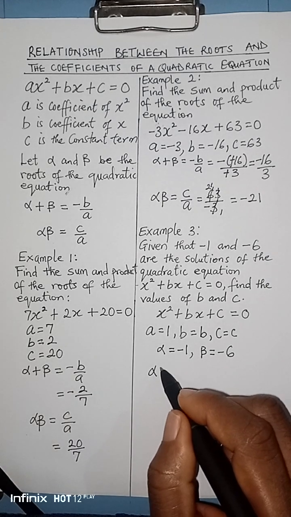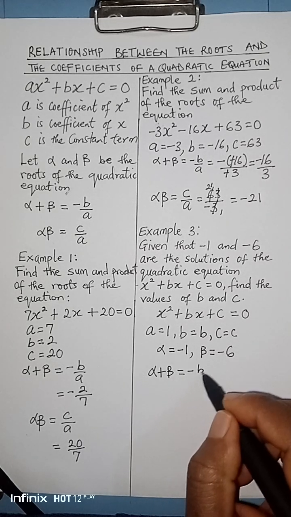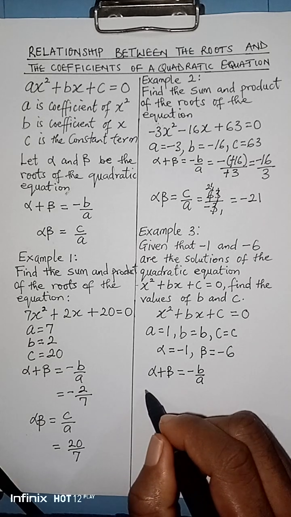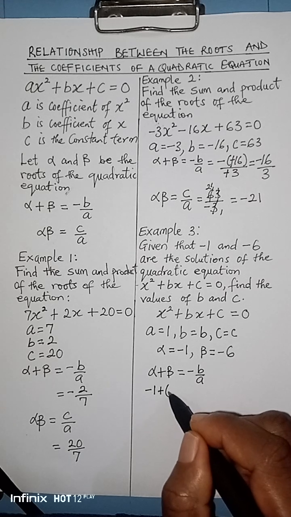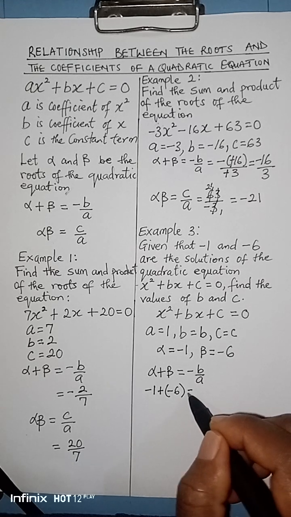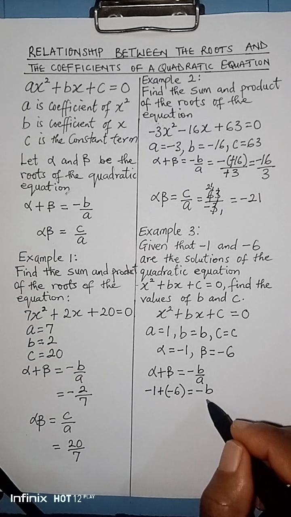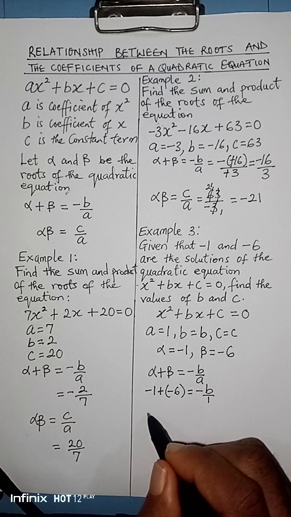Alpha plus beta equal to minus b over a. Alpha is minus 1 plus beta is minus 6 equal to minus b. Remember, a is 1. So let's simplify further.